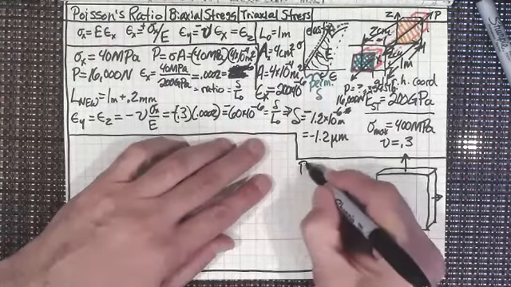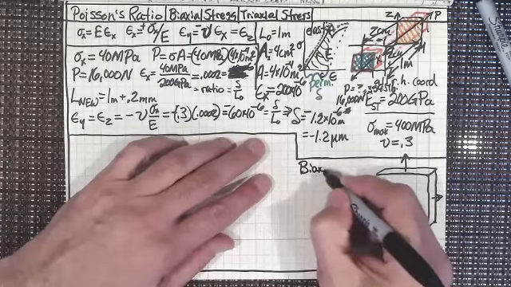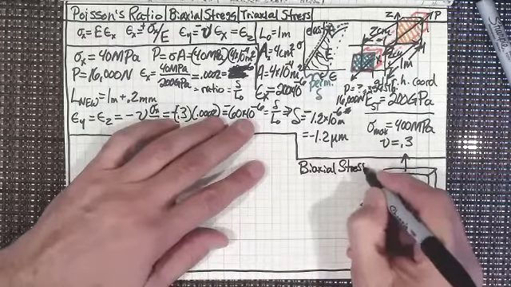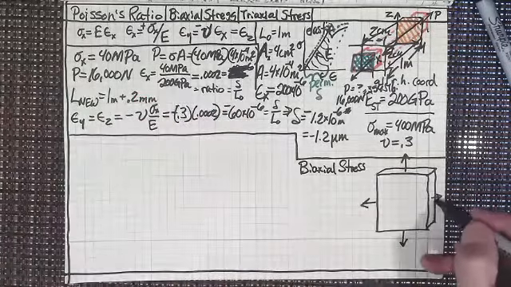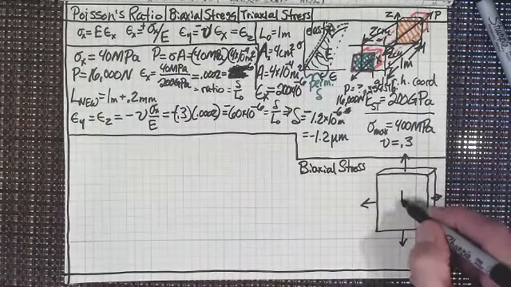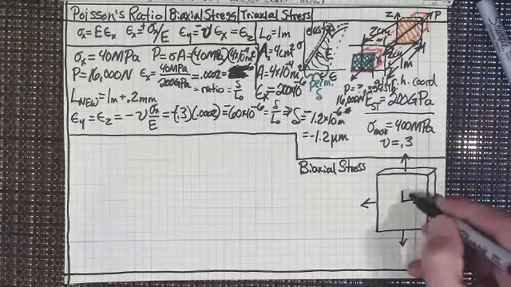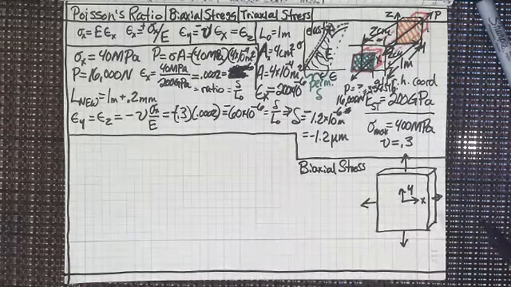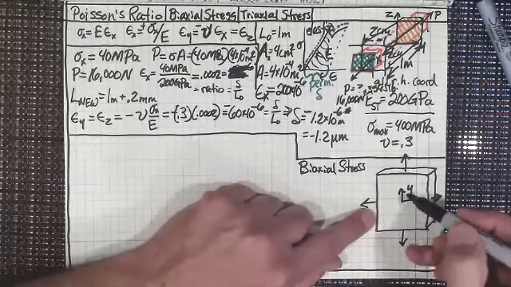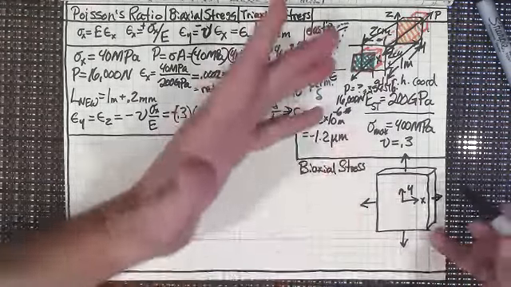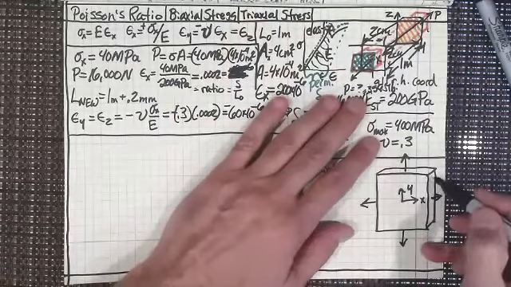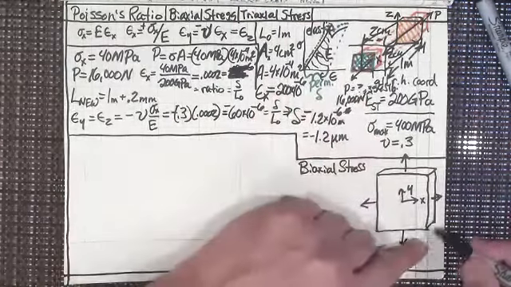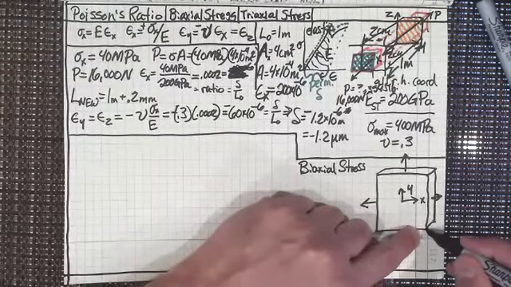So this is a biaxial stress state, biaxial stress. So it's pulling in the X direction and it's pulling in the Y direction, right? Now, also you can see that we have thickness because it's a sheet of steel, right? Let's say it's for a tank or something like that.